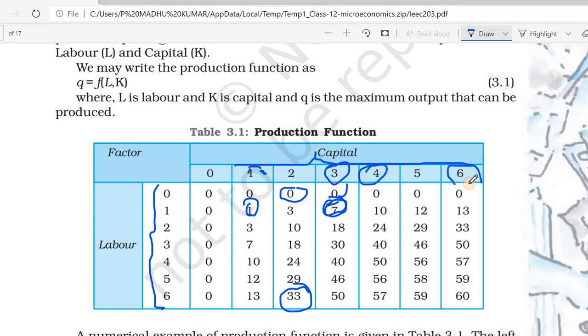When capital became 6 and labor is 1, output is 13. When labor is 4, it is 57. When it is 6 labor and 6 capital, it is 60. When labor is 5 and capital is 6, output is 59.